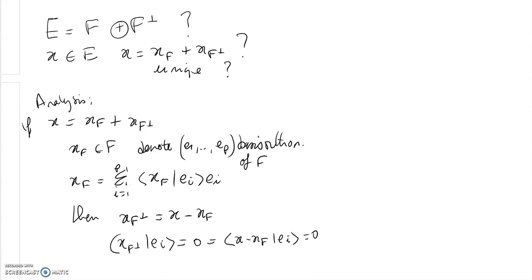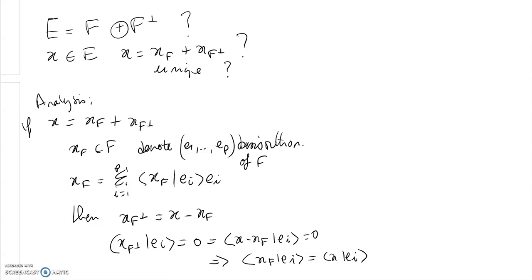So what do we get? We get that the inner product of x_F with e_i, you expand that by linearity, is equal to the inner product of x with e_i. That's quite a nice thing.